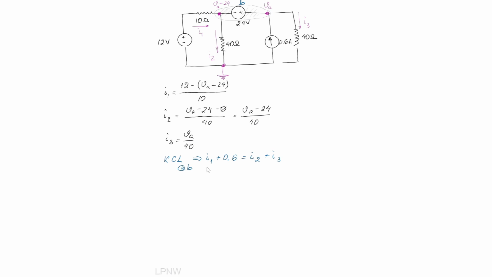From here we have to organize an expression. I1 we already have: it's 12 minus VA minus 24, divided by 10, plus 0.6, which we're not going to change. I2 we got the expression, which is VA minus 24 over 40, and I3 we also got the expression, which is VA over 40.